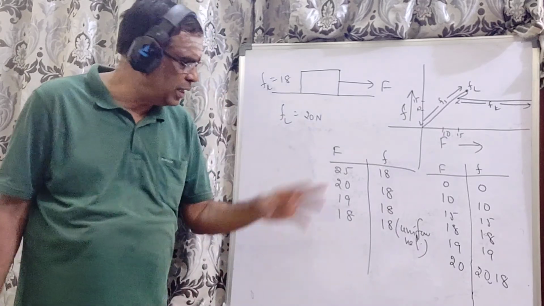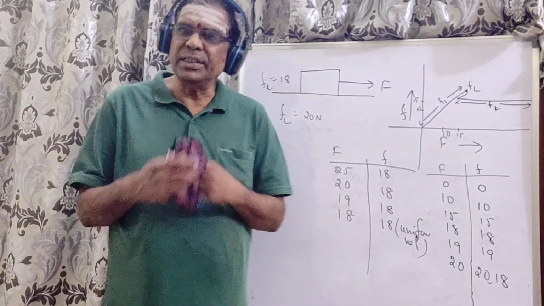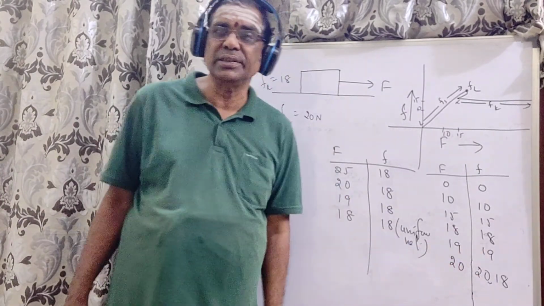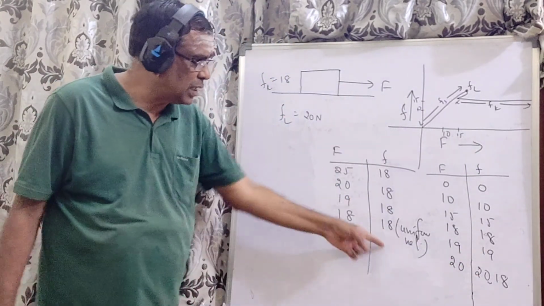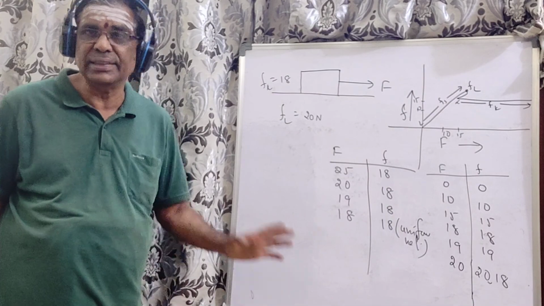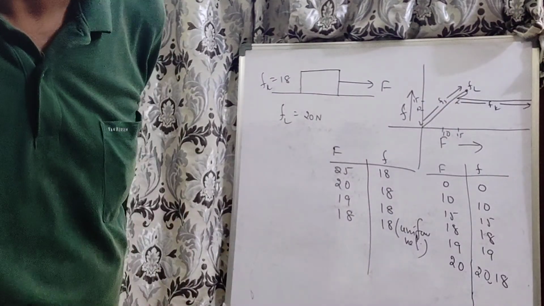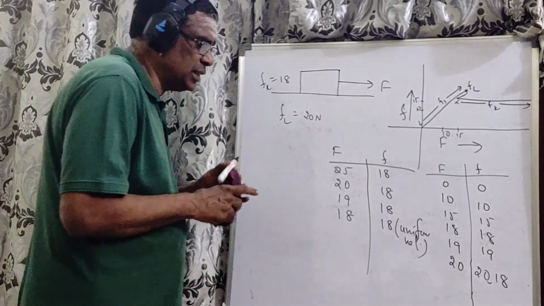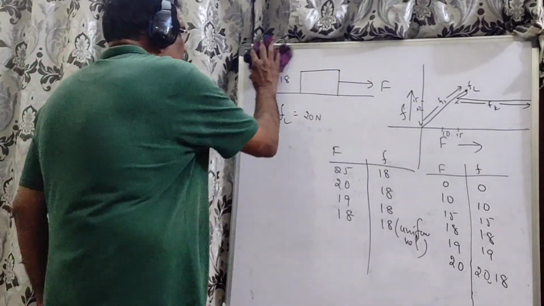If it is moving, Fk is the answer. If it is not moving, the applied force, whatever you apply here, that is the answer. For that purpose, I have given you all these details. Okay? I hope this is clear to you now. Fine.